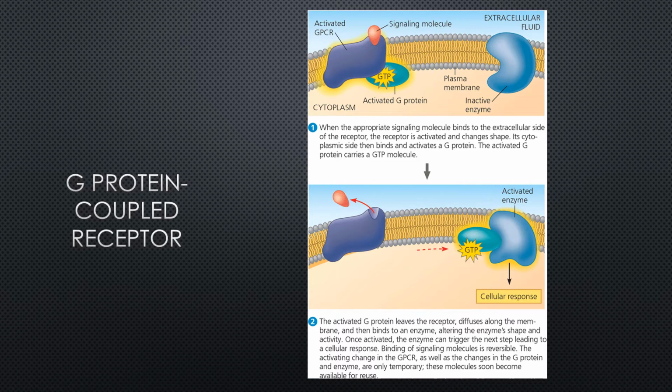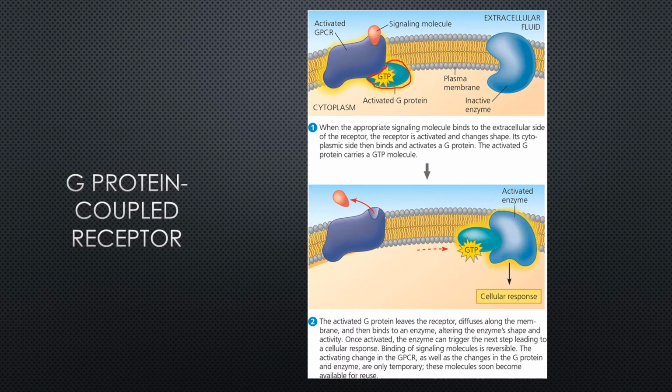G protein coupled means that there is a G protein literally attached to our receptor. When our ligand is bound, that G protein becomes activated, and it's a G protein because it binds and is activated with GTP. Similar to ATP, adenosine triphosphate, GTP is guanine triphosphate.